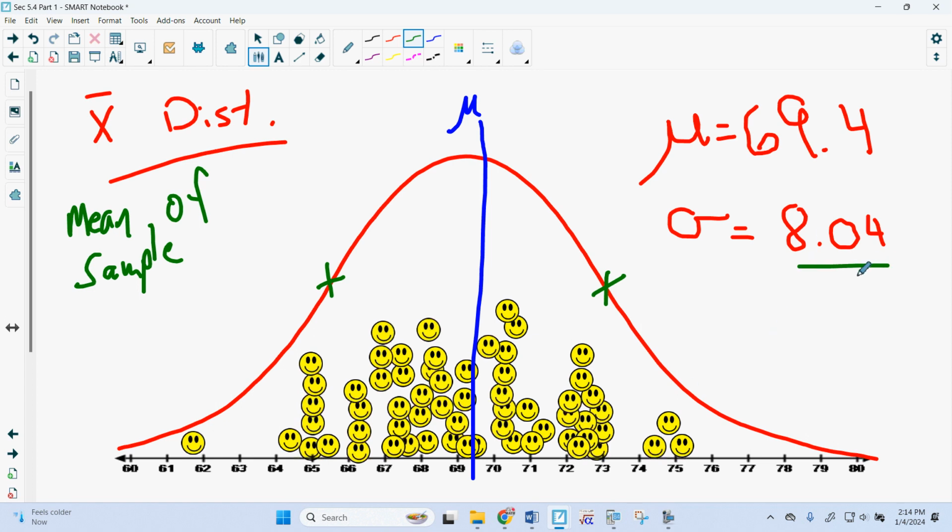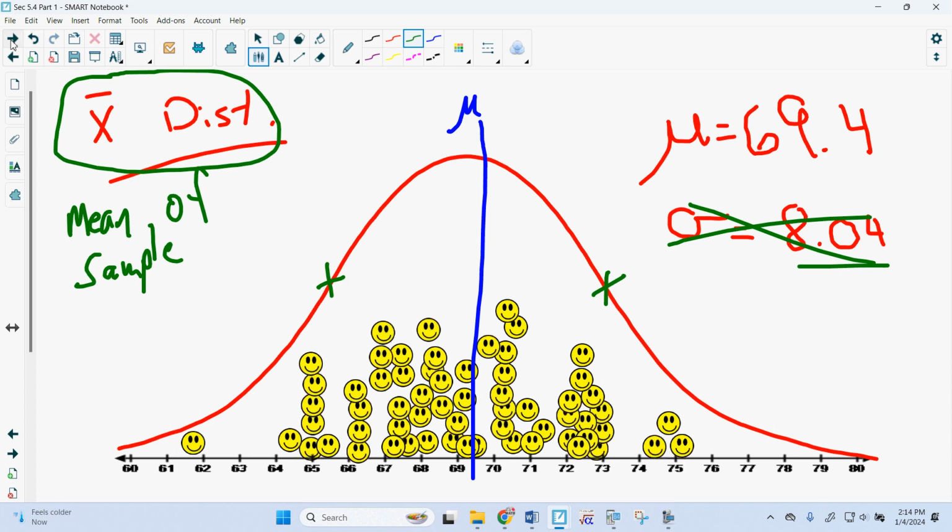That doesn't match up. Because this is not our curve of our original data. This is our X distribution curve. The mean is very similar, but the standard deviation is very different. And that's what we want to talk about.